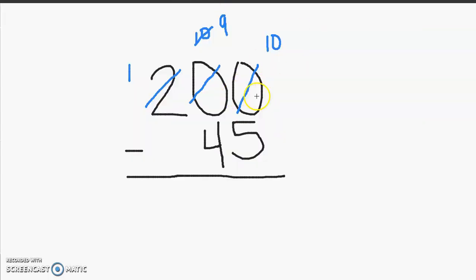Now we can begin subtracting. 10 minus 5, let's make it green. 10 minus 5 is 5. 9 minus 4 is 5. 1, you're just going to bring that 1 down because there is nothing here. Okay, so the answer is 155.